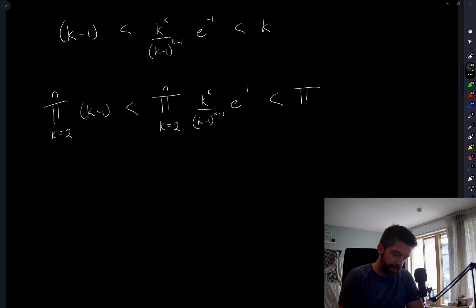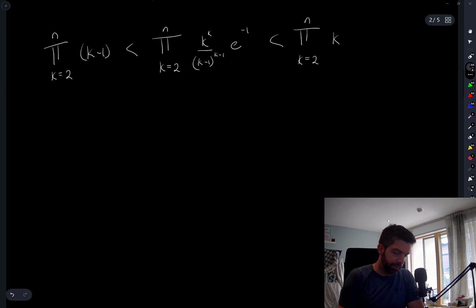I'm just multiplying this whole expression by itself for different values of k. All right. So this thing on the left-hand side is just k minus 1 factorial. Sorry, n minus 1 factorial.